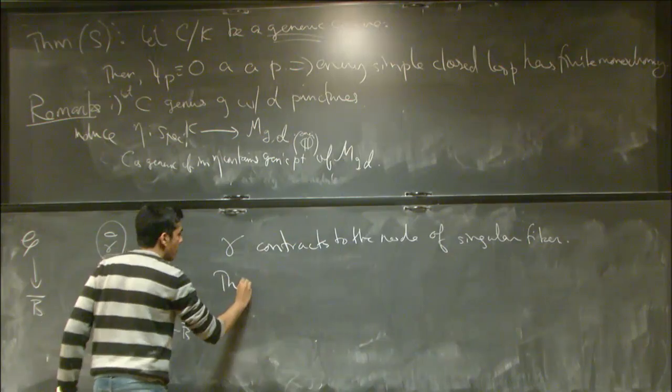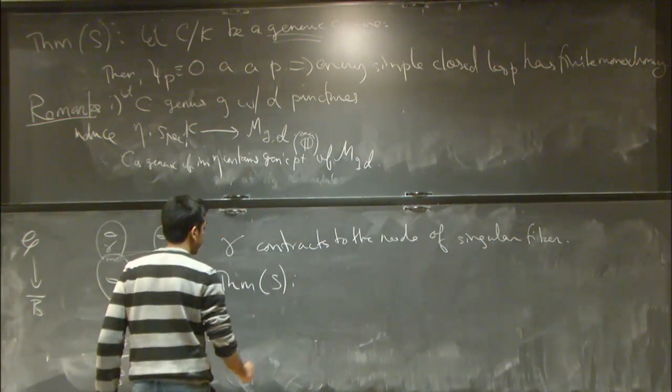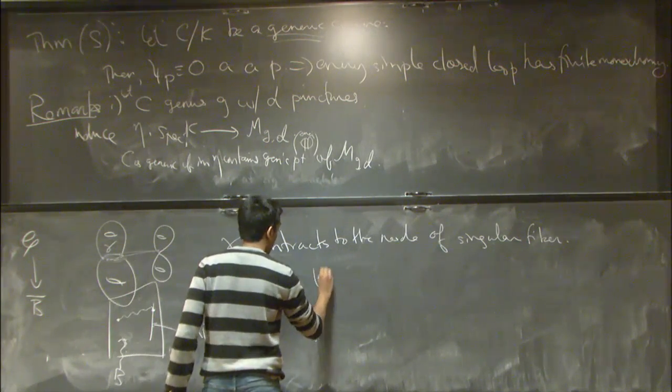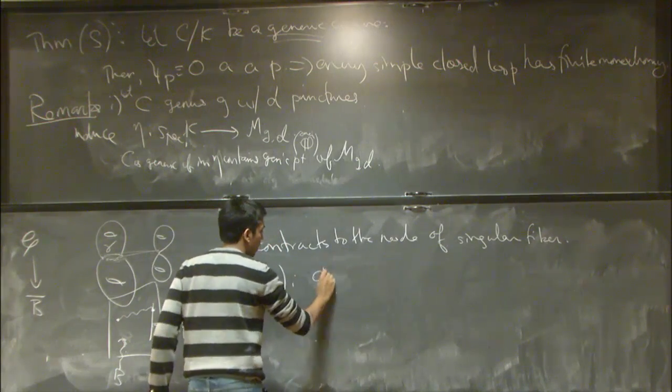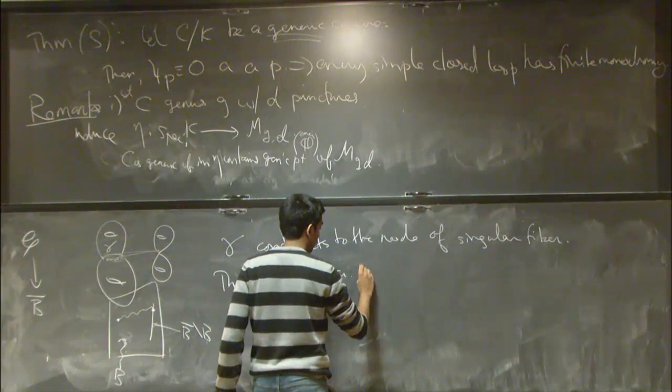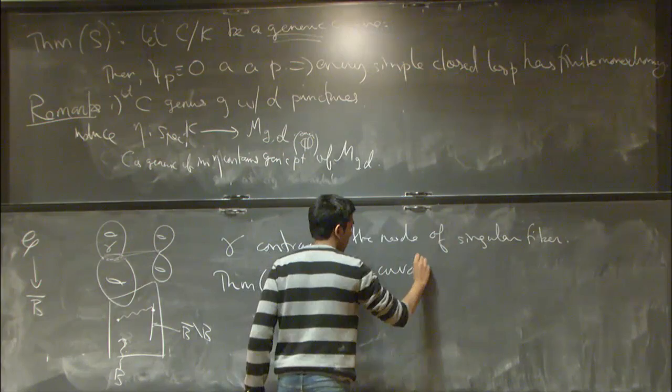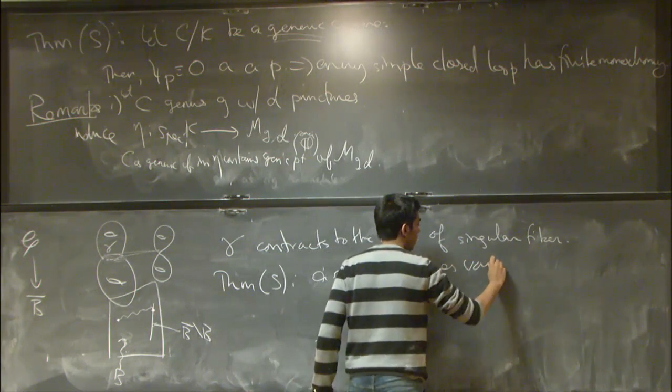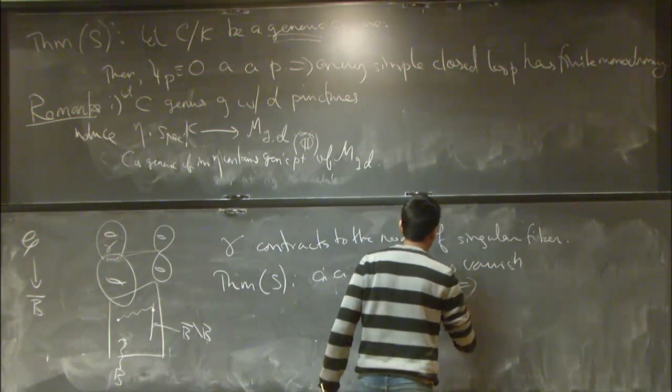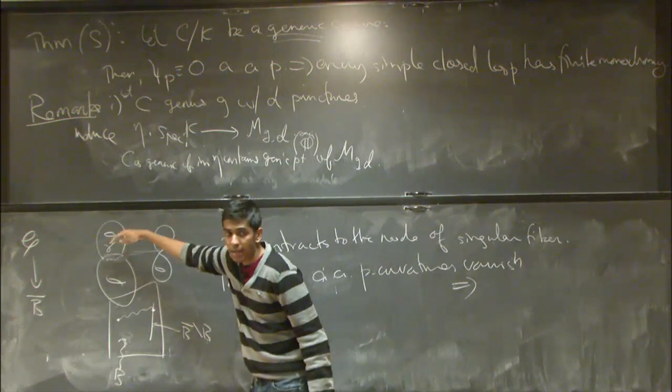So then the theorem is that if almost all p-curvatures vanish, then the class of this loop has finite monodromy.